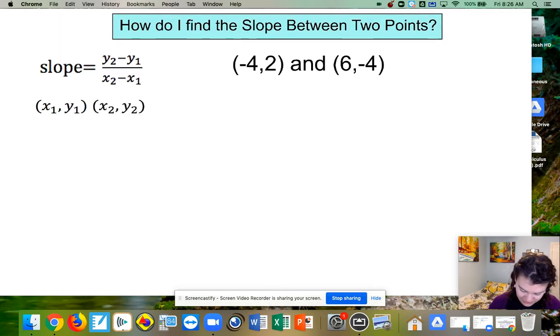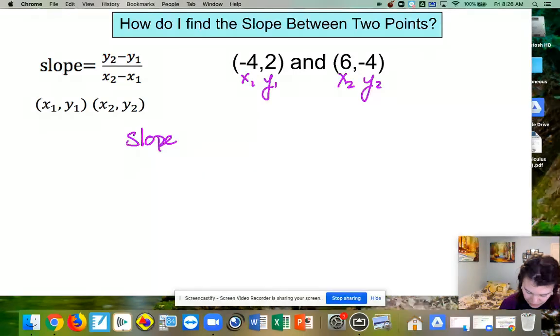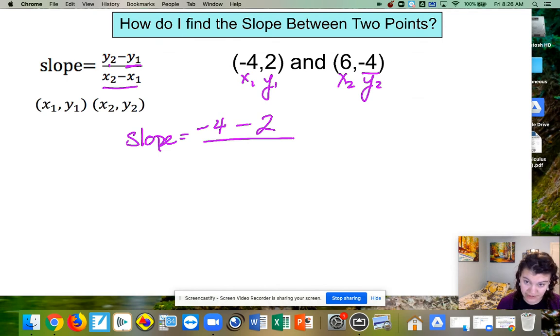So we'll do some examples. Here's our formula. Here's our 2 points. So I'm going to label these so you can see them. Here would be our x1, y1, and then our x2, y2. And then you're just going to plug it into the formula. So we have that slope equals y2, so the 6, or sorry, the negative 4, minus y1, so minus 2, all over x2 minus x1, so 6 minus a negative 4.